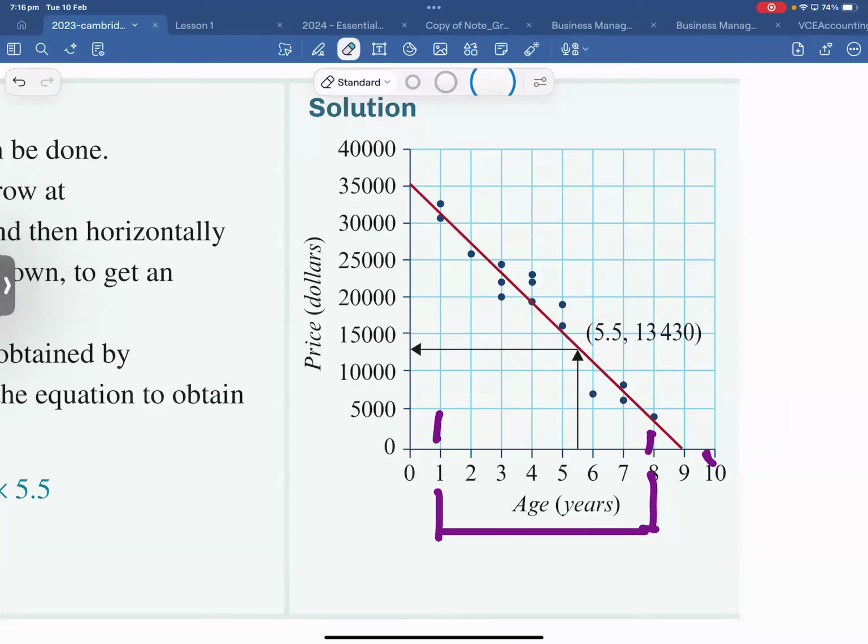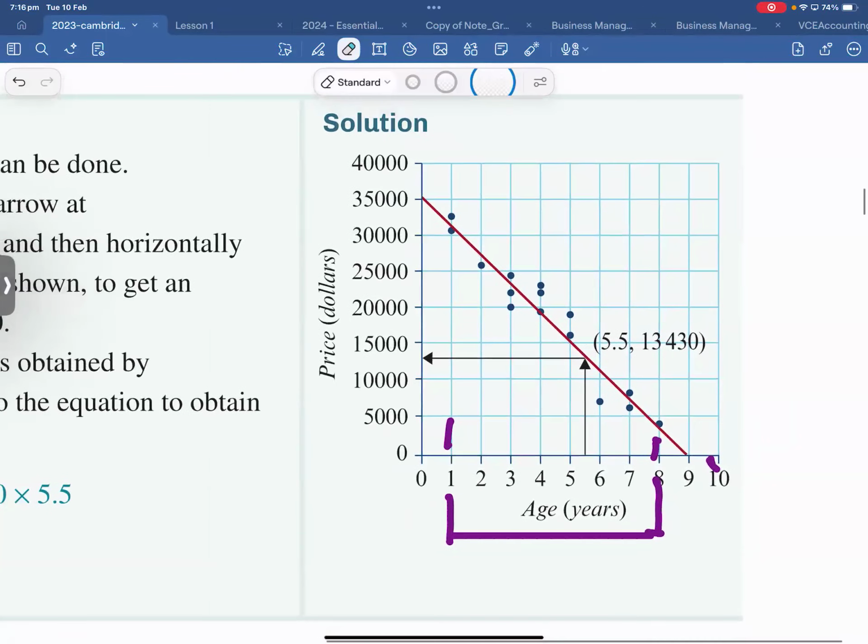So then it is giving us a negative relationship. Then we are going to calculate the values of the cars, assuming a particular age for the car. If the estimation that we are going to make is within 1 to 8 years, we would say it is, what is it, Christian?